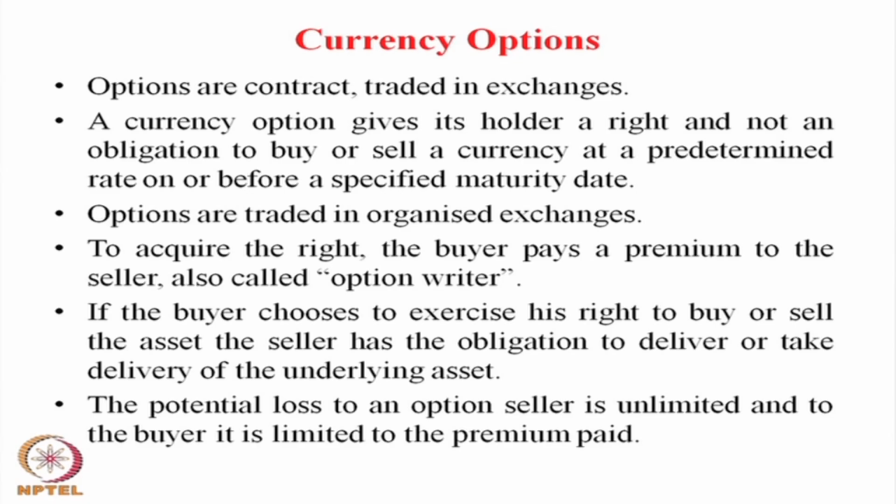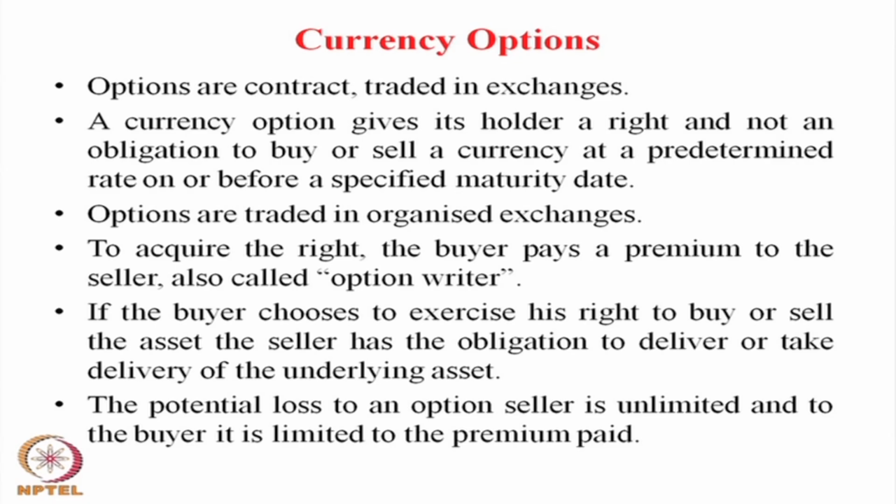When the options buyer sells or purchases the underlying asset, the options writer has to purchase or sell as per the contract. So, there is a right, and there is an obligation. The right is sold by the options seller, who gets the obligation to abide by the right. By buying the right, the options buyer pays a premium to the options seller.